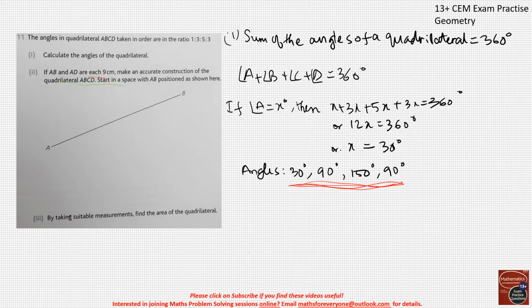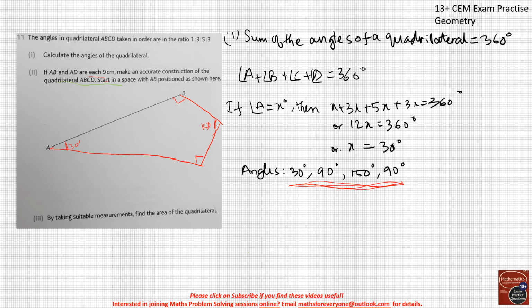So AB is given. Now angle A we're saying is 30 degrees. So if angle A is 30, this is 30 degrees. So this is what it is, and this, and this. So this is 150, this is 90.